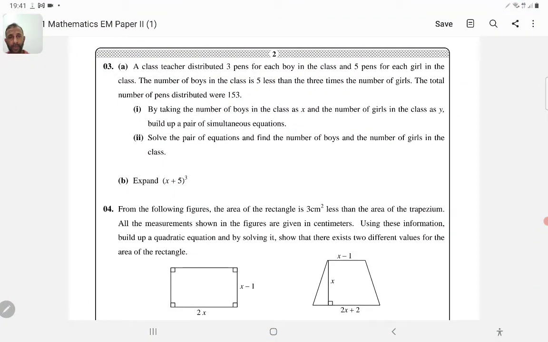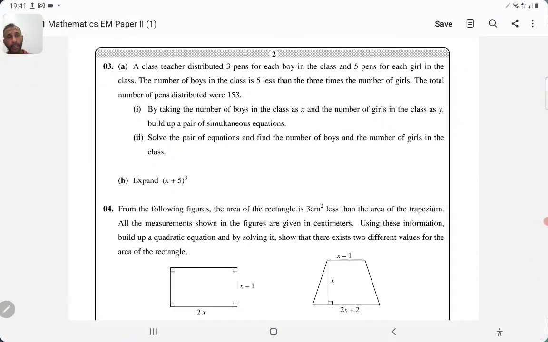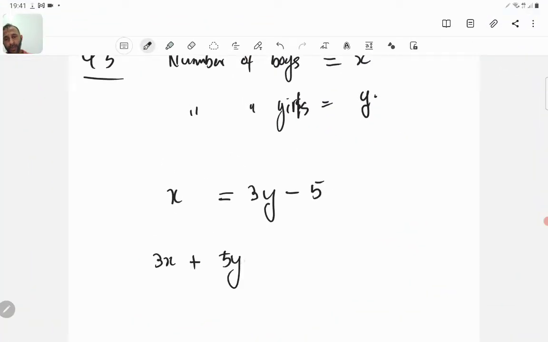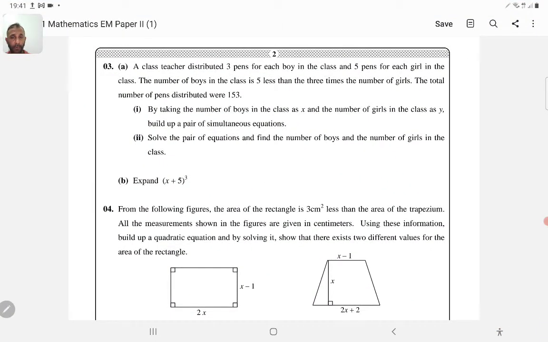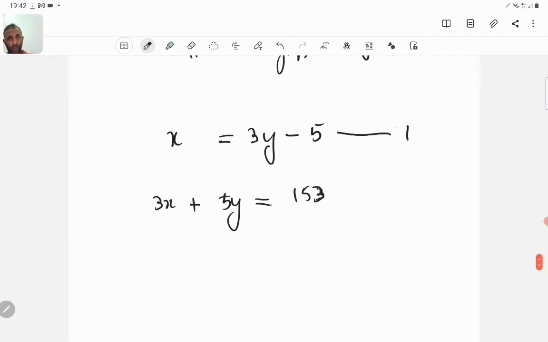They also say the class teacher distributed 3 pens for boys, so 3x for boys and 5y for girls, and the total number of pens amounts to 153.